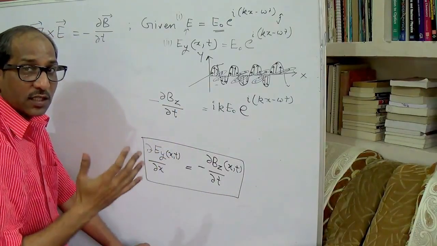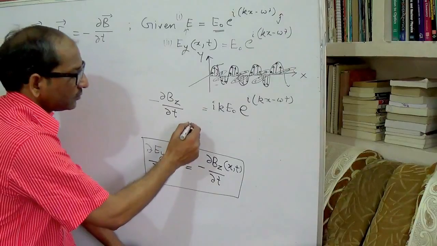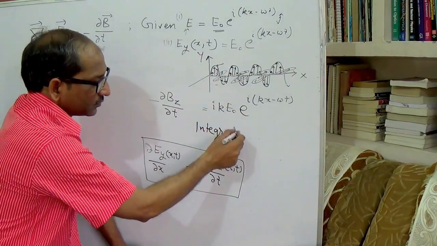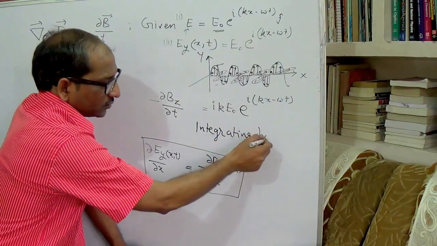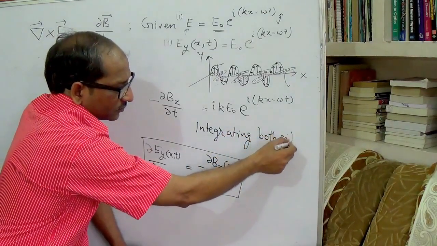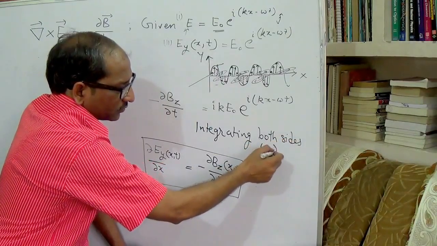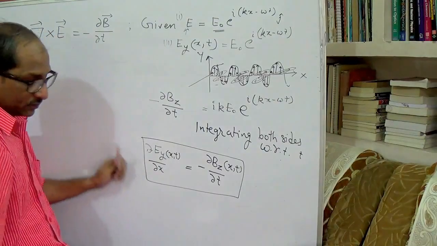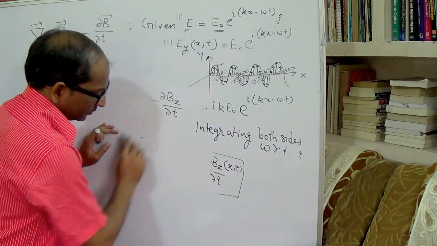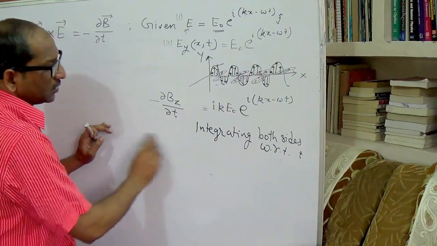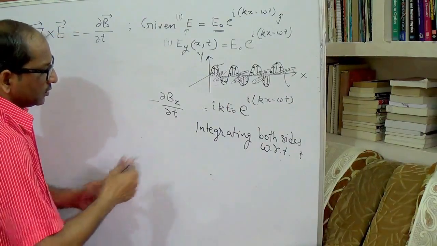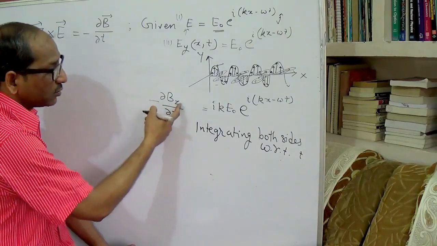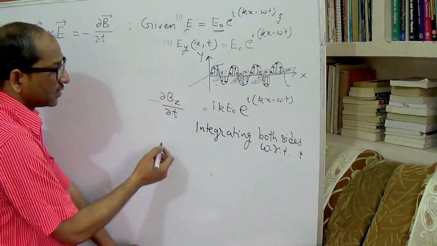So for that I have to integrate both sides with respect to t. When I integrate with respect to t, the differentiation of Bz will cancel out with this integration.